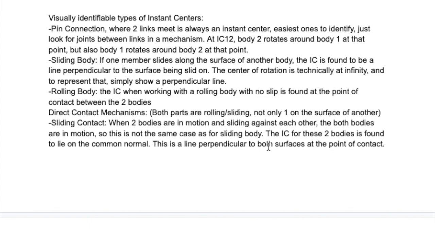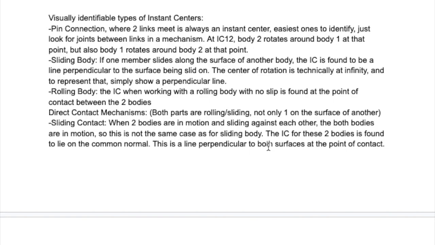In this situation, we're looking at two bodies in direct contact, sliding against each other. You find a third member, let's say the ground. If you have the instance centers for members 1 and 2 and then 1 and 3, you can find the line between those two points.